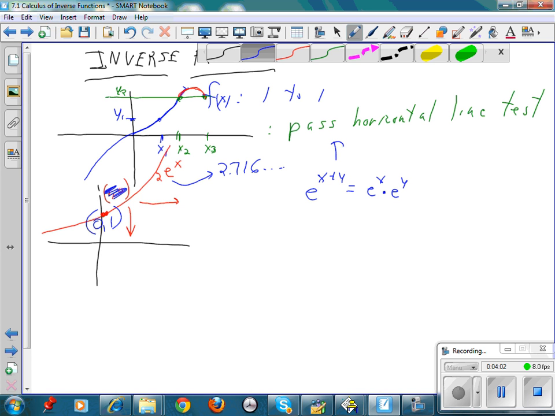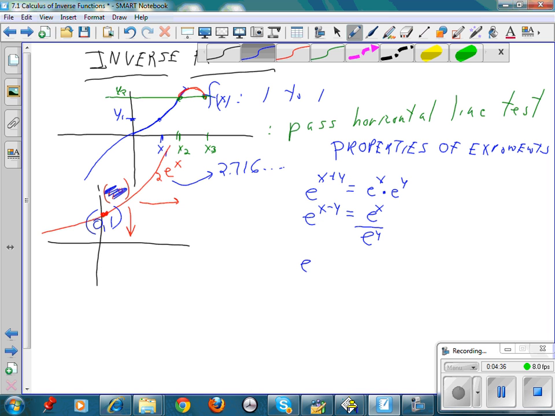And what are these properties of exponents? You've learned these before, but again, I'm just telling you from experience, people lose a lot of points. This is going to be e to the x divided by e to the y. Okay.